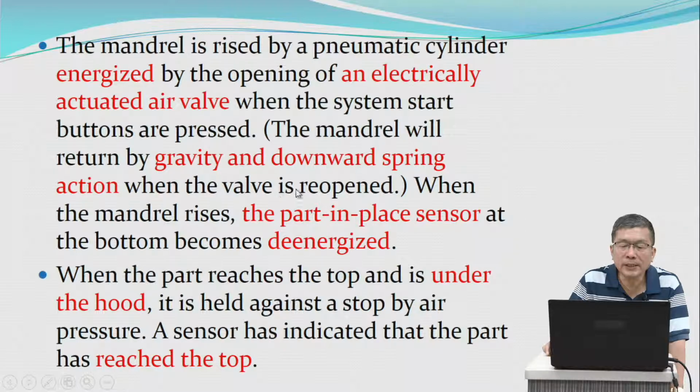When the valve is opened and the mandrel rises, the part in place sensor at the bottom becomes de-energized. When the part reaches the top and is under the hood, it is held against a stop by air pressure. A sensor indicates that the part has reached the top.